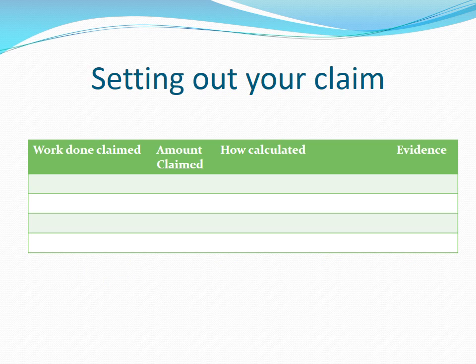To assist in ensuring you have captured all the information you require to initially explain your claim, you can use a table as shown here. Firstly, you need to describe the work done for which you are making a claim. How you express the work will depend much on the nature of the job and the contract or agreement for the work.